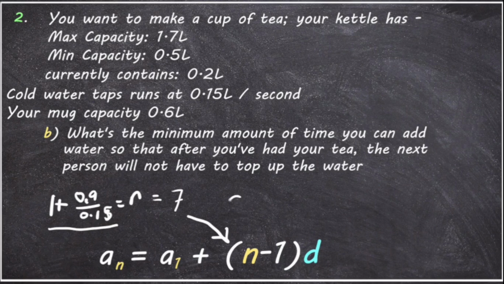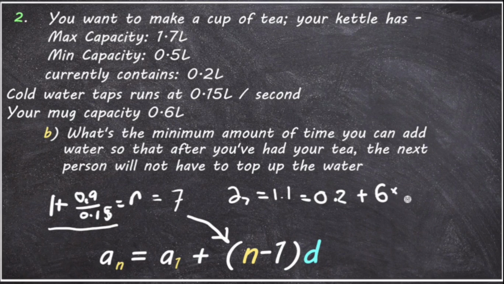So we get that A sub 7, which is the term for the amount of water we're looking for, equals 1.1, which equals A sub 1, which is the initial value. So that's 0.2, plus n minus 1 times the difference. Well, n is 7, so n minus 1 is 6.